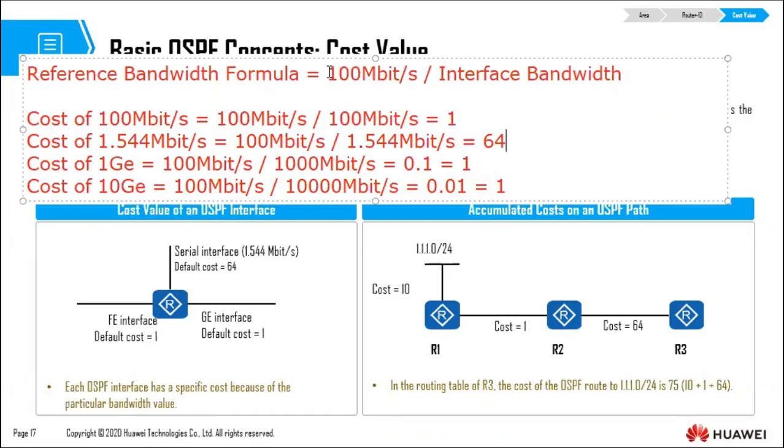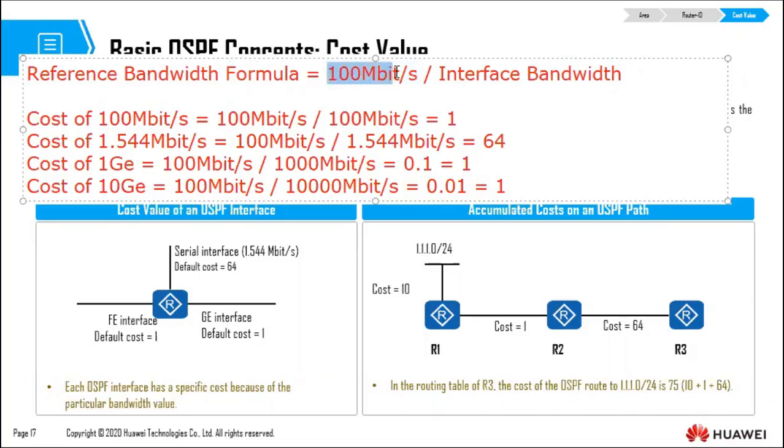Okay, thank you. Now, please look here. This is the numerator, and this is the denominator. Now, the default value of the numerator is 100 megabits per second for the reference bandwidth formula. That's the default value. But this is configurable, meaning this can change.